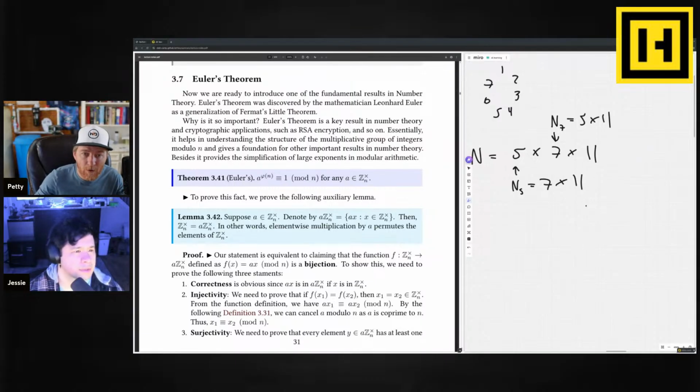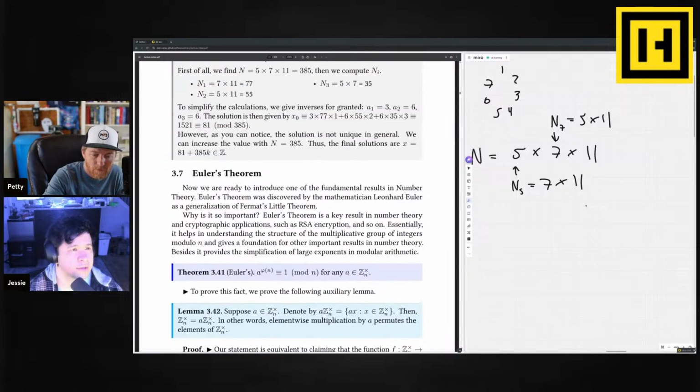I'm using Wolfram on a browser. I'm just writing the expression 1521 is congruent to 81 mod 385, leaving 81 as x and saying solve. But that's not doing it. Not entirely sure.